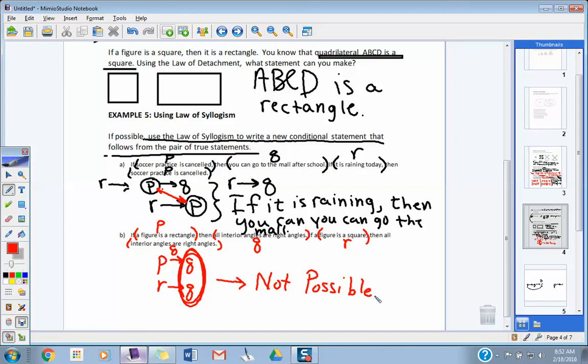In order to apply law of syllogism, that same implication has to be at the beginning of one sentence and at the end of the other. Okay? So you understand the difference between A and B? Are you with me on that?